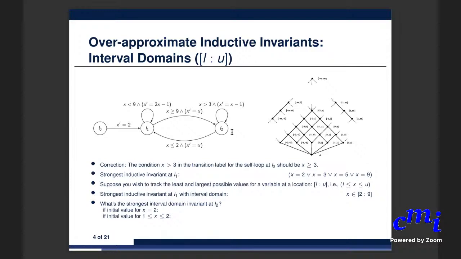So really the strongest inductive invariant there is the one which corresponds to the empty set of values, which is false. And an inductive invariant can be true, in which case it is true at a location if it can take any possible values in the domain of values. Those are two extremes.